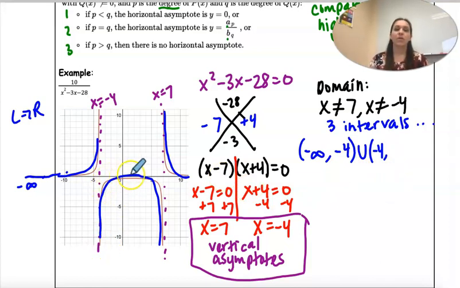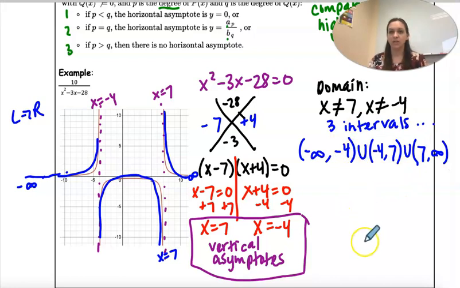And we're going to keep going until x equals 7. Again, super close to 7, but it's not included. And then our next interval, guess where it picks up? 7, not included, and it goes forever and ever out to positive infinity. So these are just our breaks where we have our asymptote. Okay, so this is the domain.